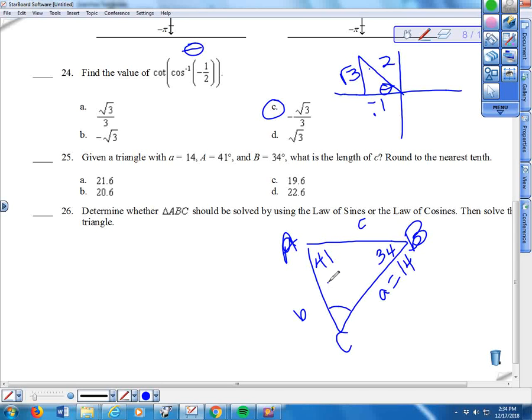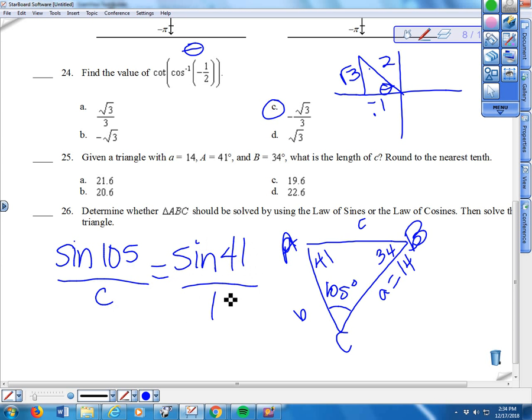Is it 105? Is that right? Yes. And so I can just take sine of 105 over C equals sine of 41 over 14. So sine of 105, times 14 divided by sine of 41. So I get 20.6.